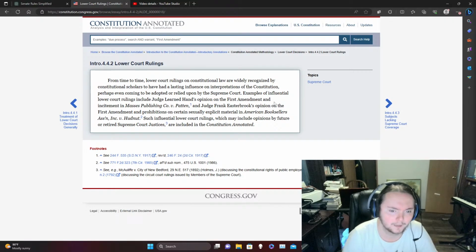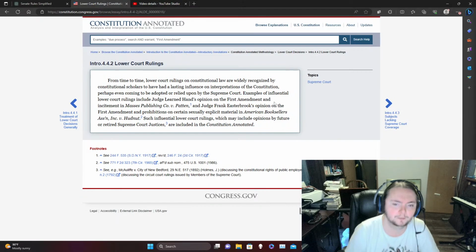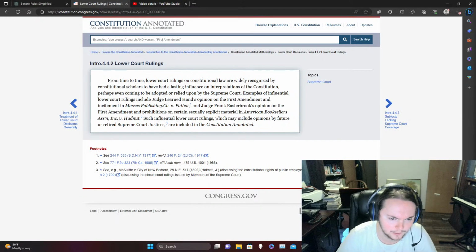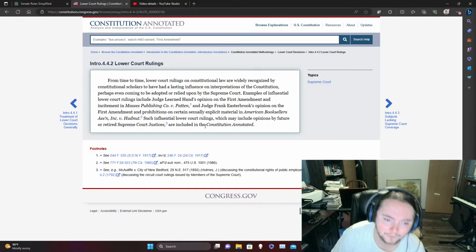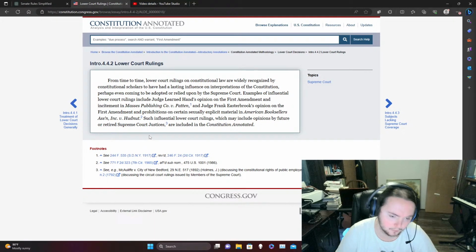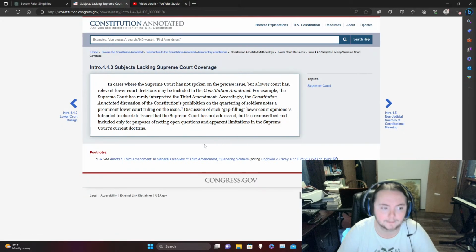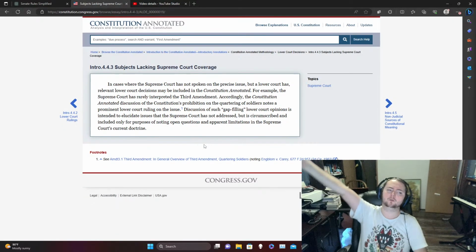Patten, and Judge Frank Easterbrook's opinion on the First Amendment and prohibitions on certain sexually explicit material in American Booksellers Ass'n, Inc. v. Hudnut. Let's see. Such influential lower court rulings, which may include opinions by future Supreme Court justices, are included in the Constitution Annotated. Neat.